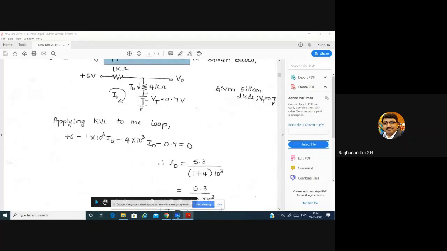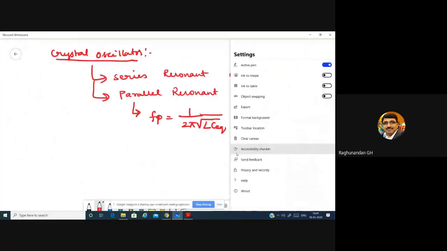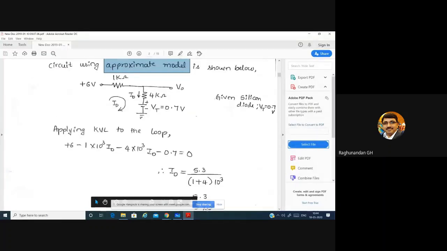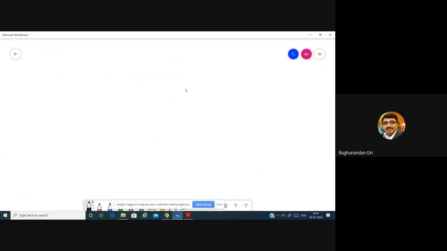So let us take the circuit: 6 volt, 1 kilo ohm.